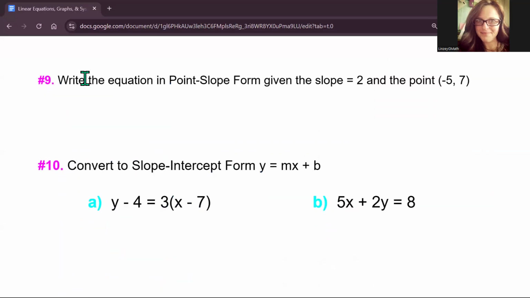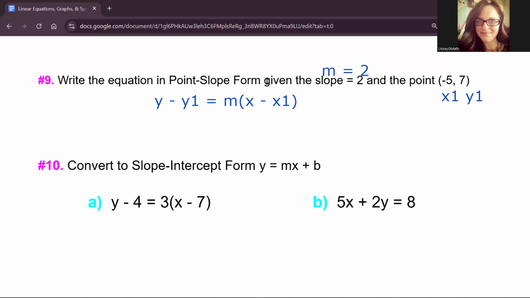Number 9, point slope form, given the slope and a point. Point slope form is y minus y1 equals m, your slope, times x minus x sub 1. And we have x1 and y1, and we also have m, our slope.